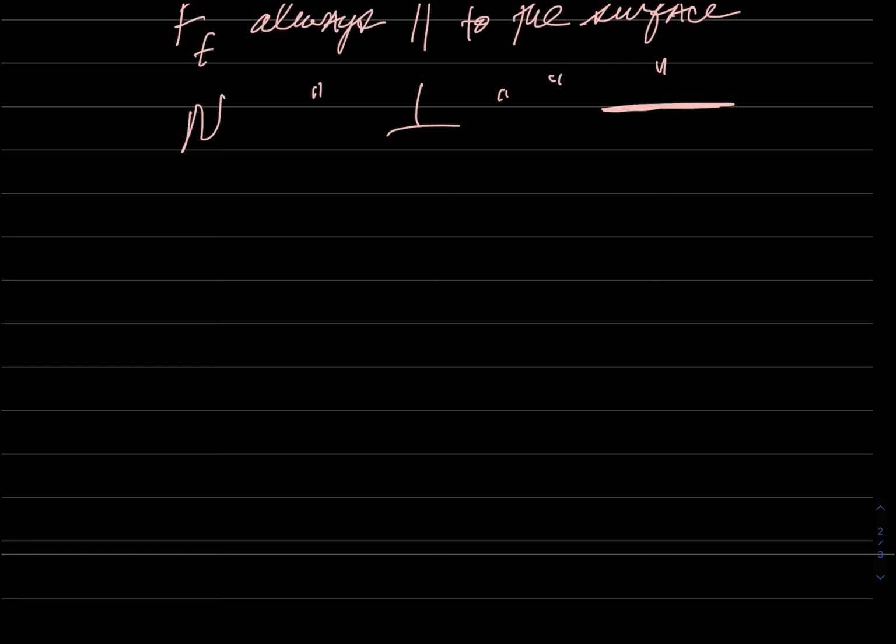So what if the mass is sitting on a wedge? Physicists love wedges. Okay, so here's our mass. And gravity is pulling on the mass. Gravity pulls toward the center of the Earth. And the friction force is going to be parallel with the surface, as it always is, opposing the motion of the mass.